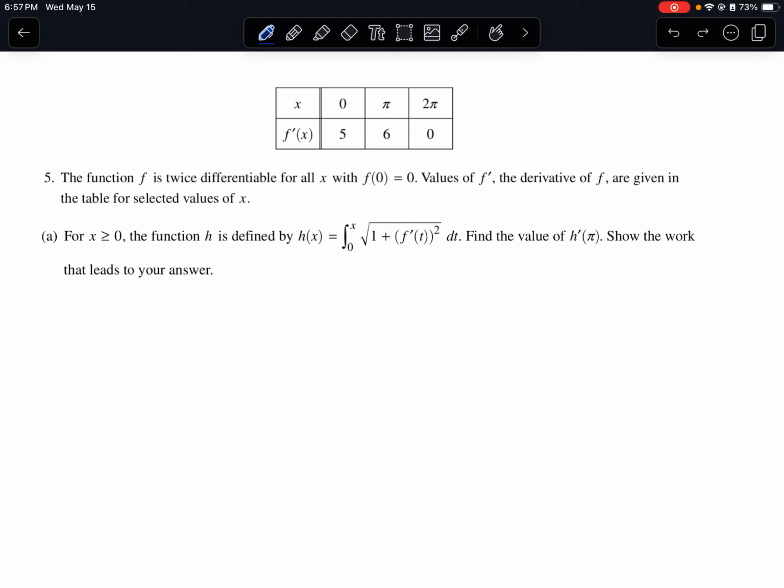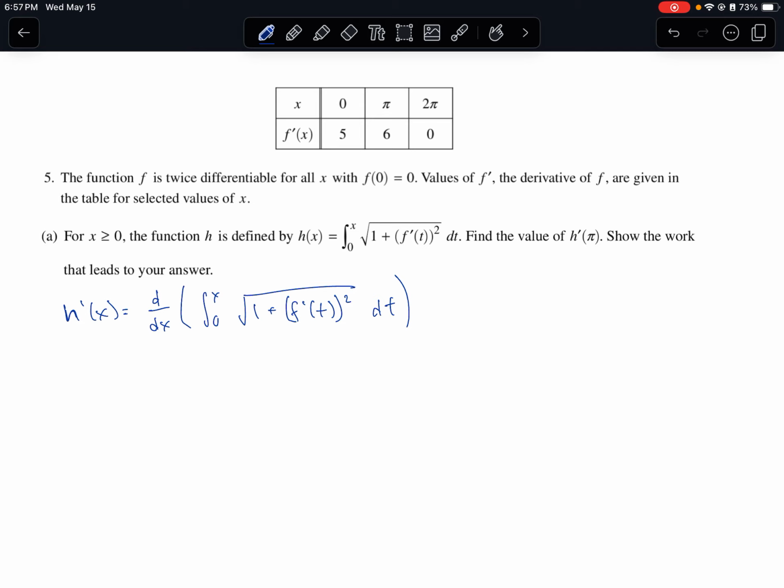Okay, in any case, find the value of h prime. So let's find what h prime of x is first. That's going to be the derivative of my expression given here. So the derivative from 0 to x of the square root of 1 plus f prime of t squared dt.